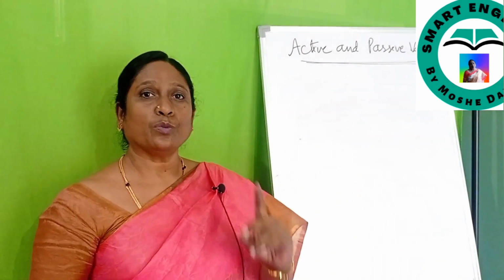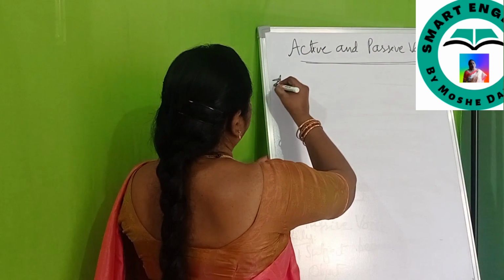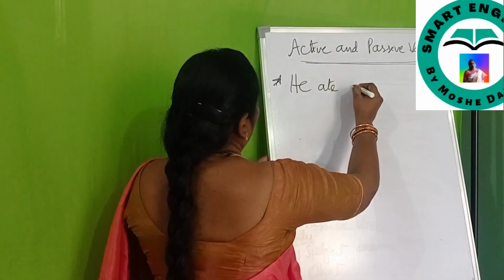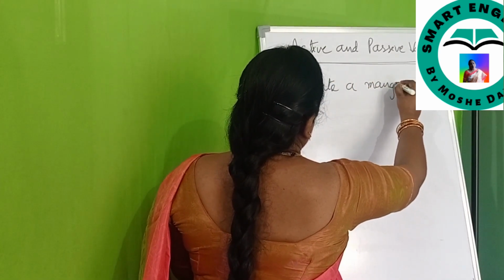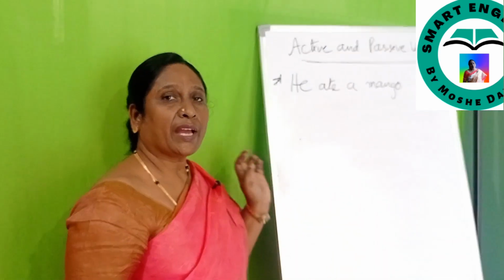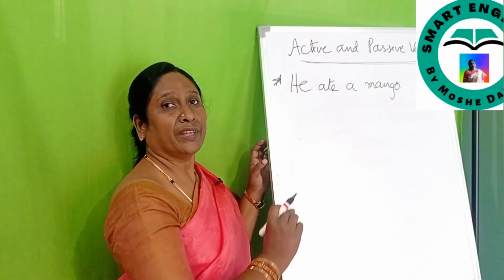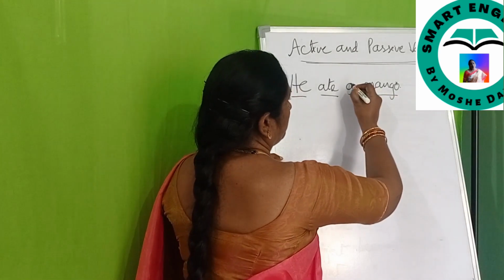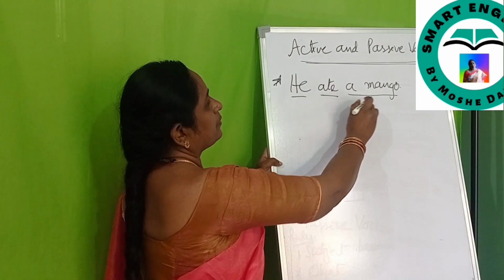First, I'll give you one example. The first example is: He ate a mango. Now, if we look at the sentence, there are three parts. He ate a mango.